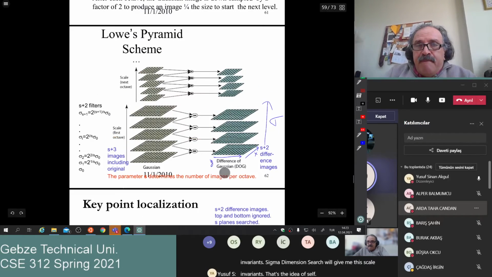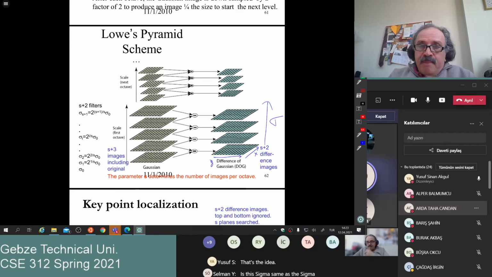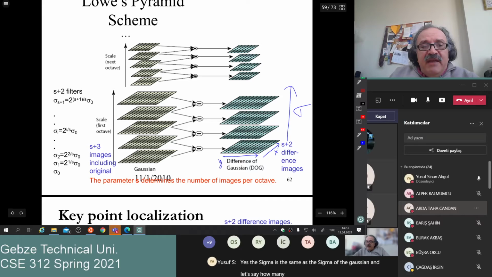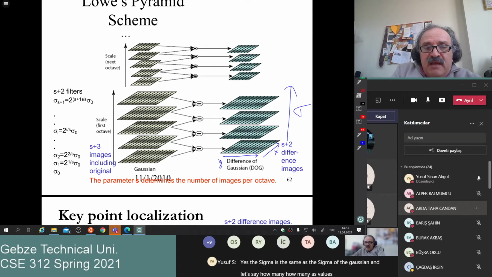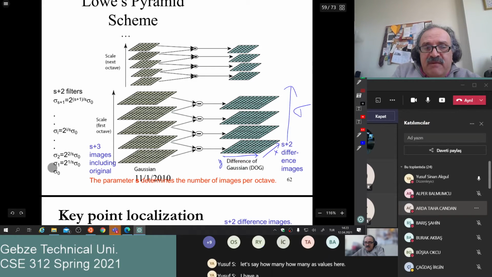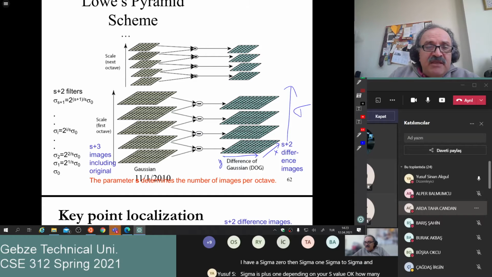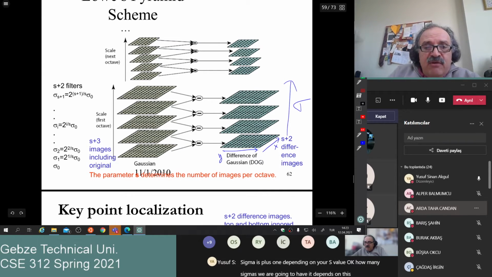Is this sigma the same as the sigma used in the Gaussian? Yes, the sigma is the same as the sigma of the Gaussian. I have a sigma 0, then sigma 1, sigma 2, sigma i, and sigma S plus 1. How many sigmas we are going to have depends on this S value.